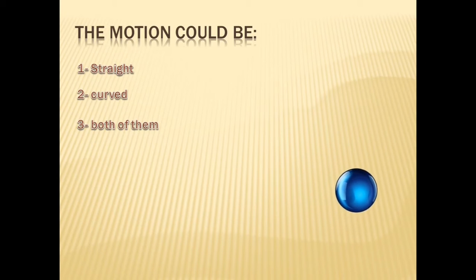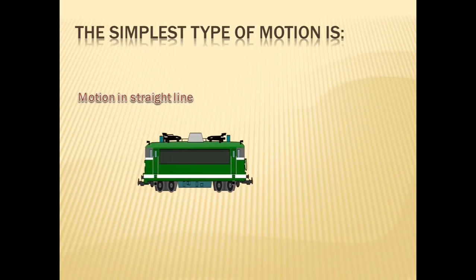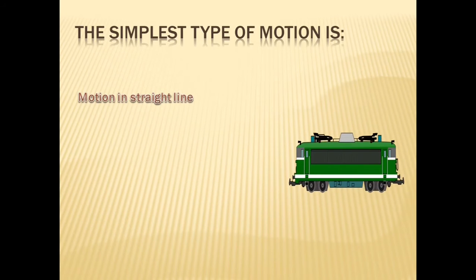So we have 3 types of motion: straight, curved, or both of them. Of course, the simplest type of motion is the motion in a straight line, the motion in one direction, like this. It is our topic this year. We'll concentrate on this type of motion.